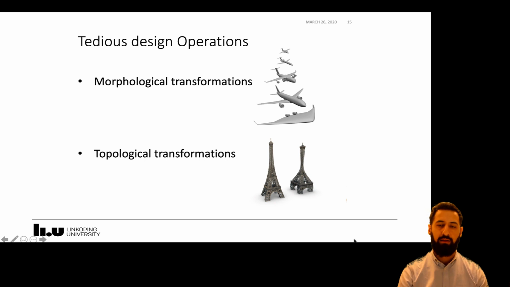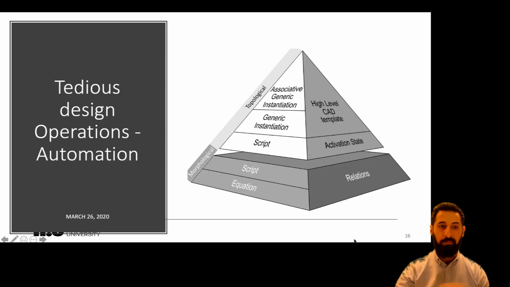The specific operations that we want to automate are morphological transformation and topological transformation. This can be viewed in a transformation matrix. Morphological transformation you can do with relations, and relations can either be equations or script. And then you can have topological transformations, where you can either perform it with activation states, which is script based, or you can do it with high-level CAD templates.